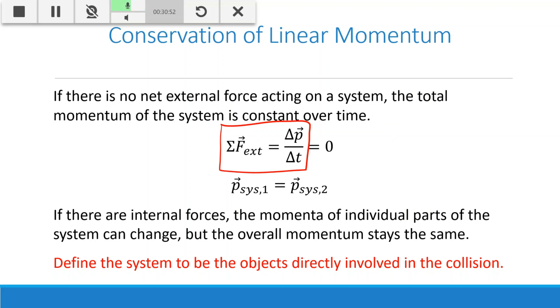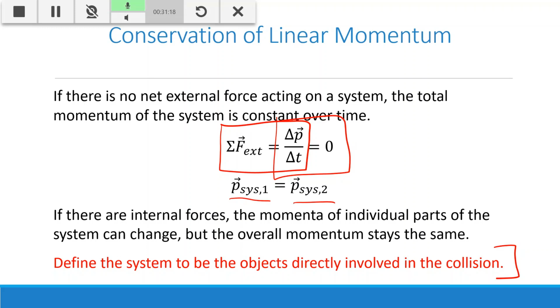If that net external force is equal to 0, then the change in momentum over time is 0. As long as your time is finite, the numerator, the change in momentum, has to be 0, which tells us the momentum of the system at the start has to equal the momentum of the system at the end. As a reminder, make sure you define the system to be the objects directly involved in the collision.